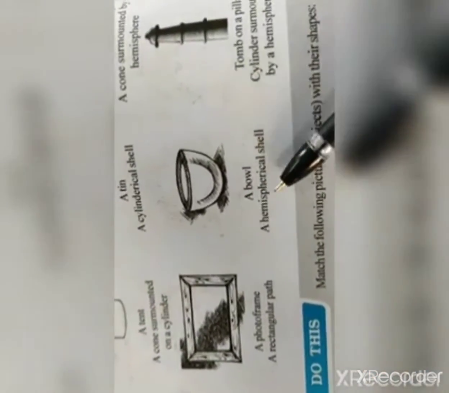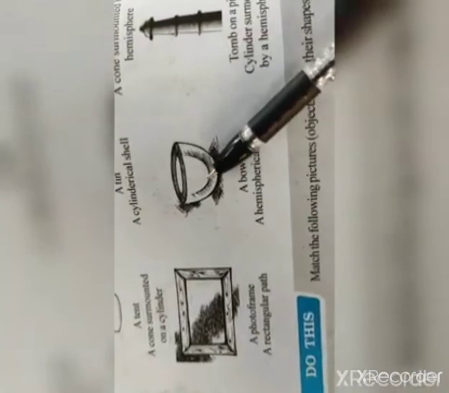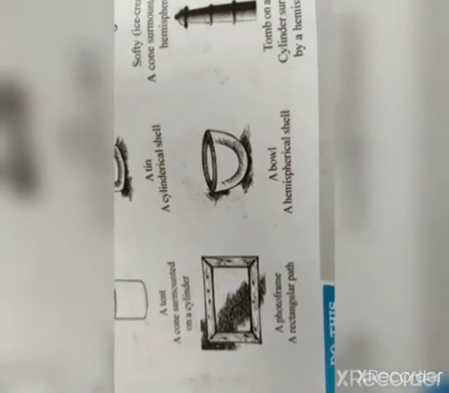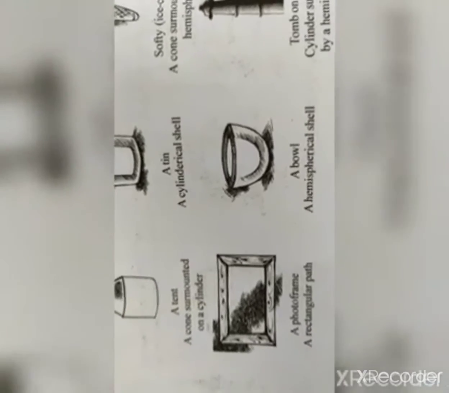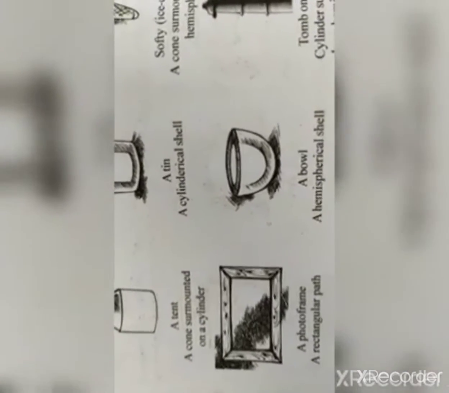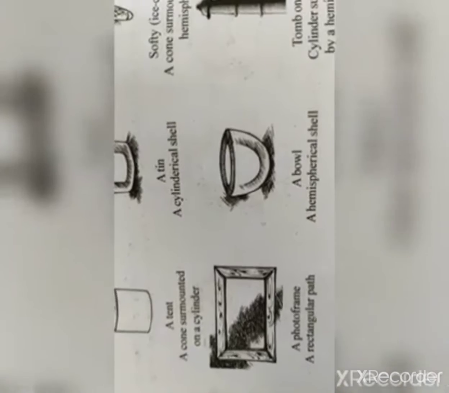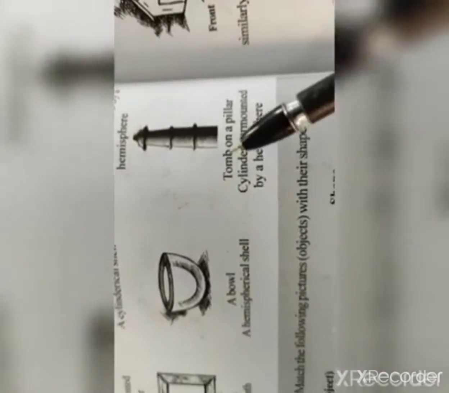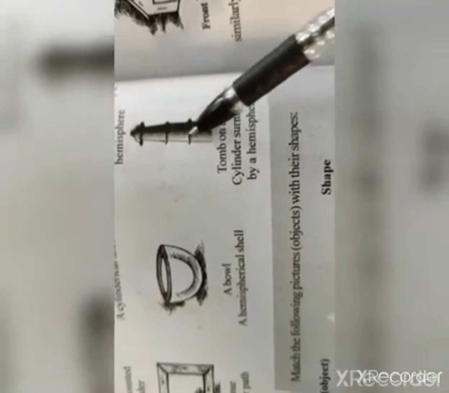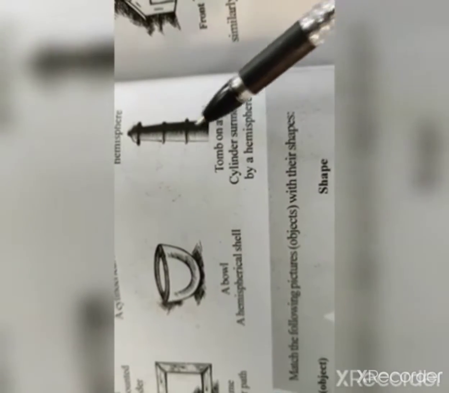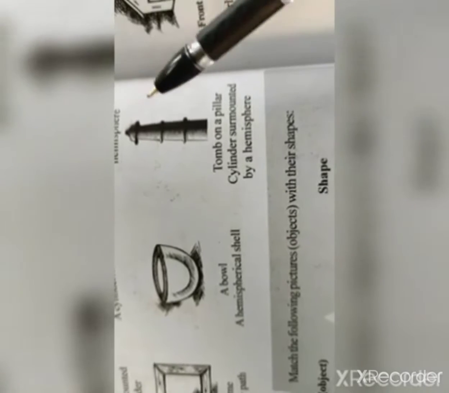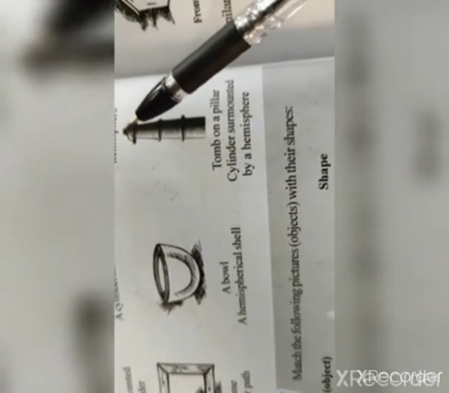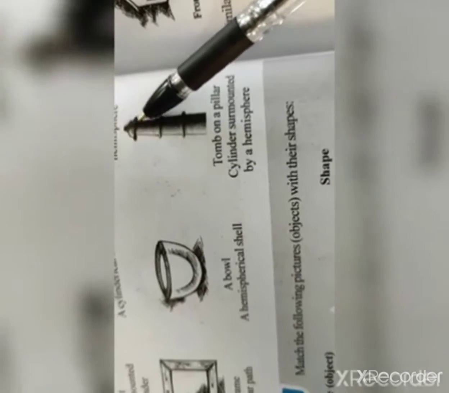A ball, a hemispherical shape. You can see, not solid, half, like a solid ball cut into two pieces, like a rubber ball, tennis ball. Okay. Tomb on a pillar. Its pillar is in cylindrical shape, and a tomb on a pillar, cylinder surmounted by a hemisphere. You can see.